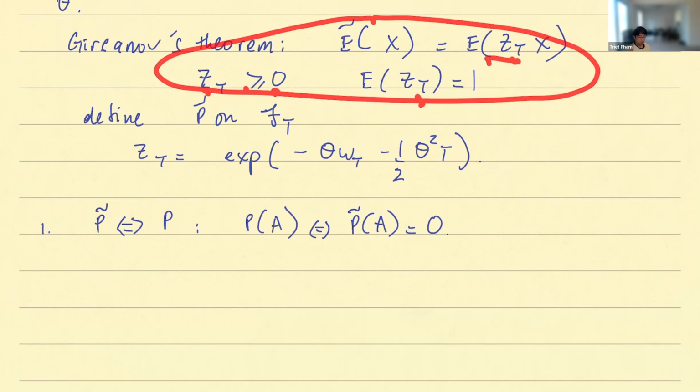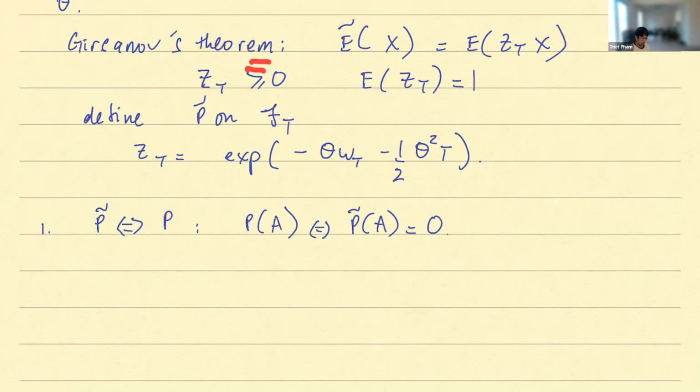Anything like this would make sense. If you allow 0, that will make some of the events not equivalent, because if you allow Z_T to be 0 under some event, that would mean that an event that might not be 0 under P will be 0 under P tilde. So that would make it not equivalent.